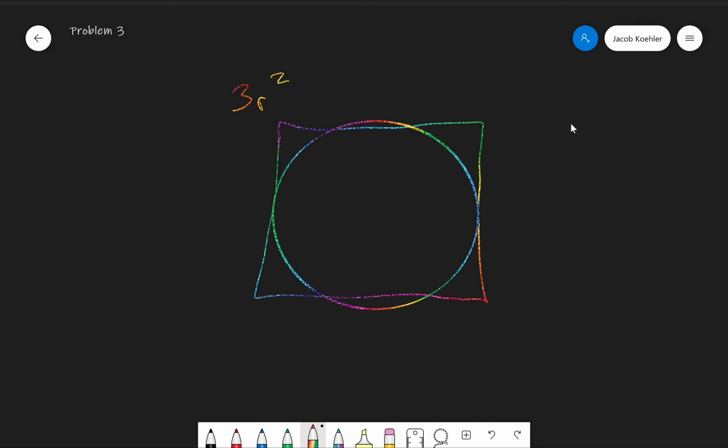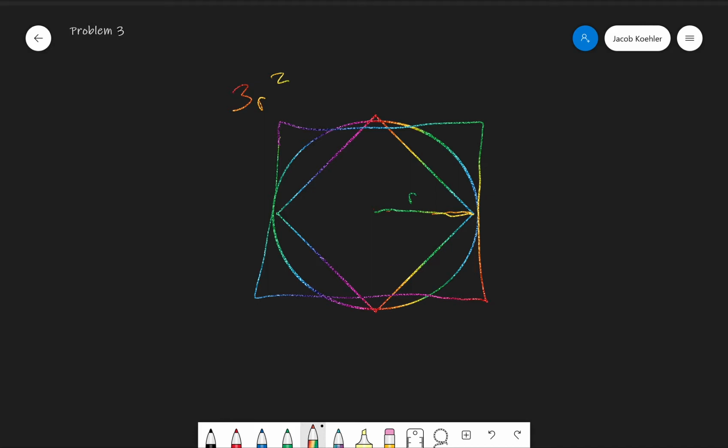And then we would draw another square. All right, and we would have this square inside and a square outside of the circle. And remember that the circle has a radius of r.